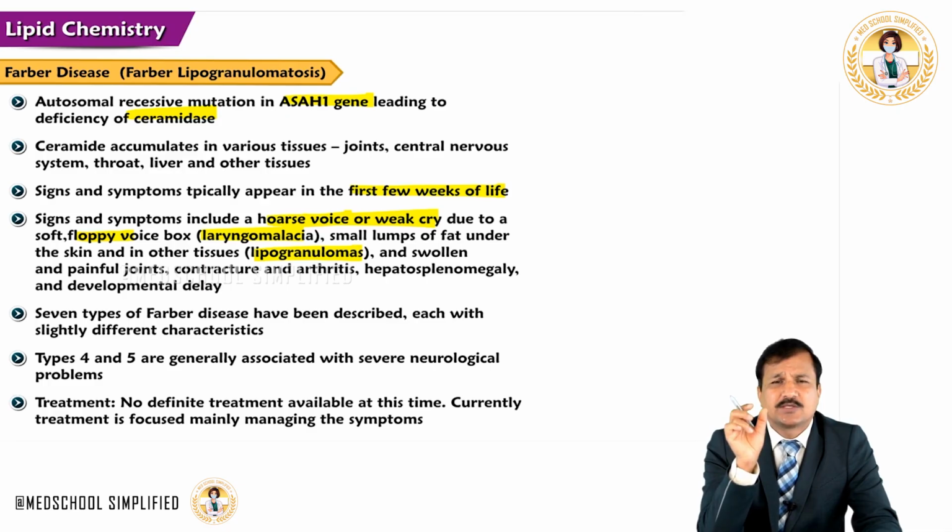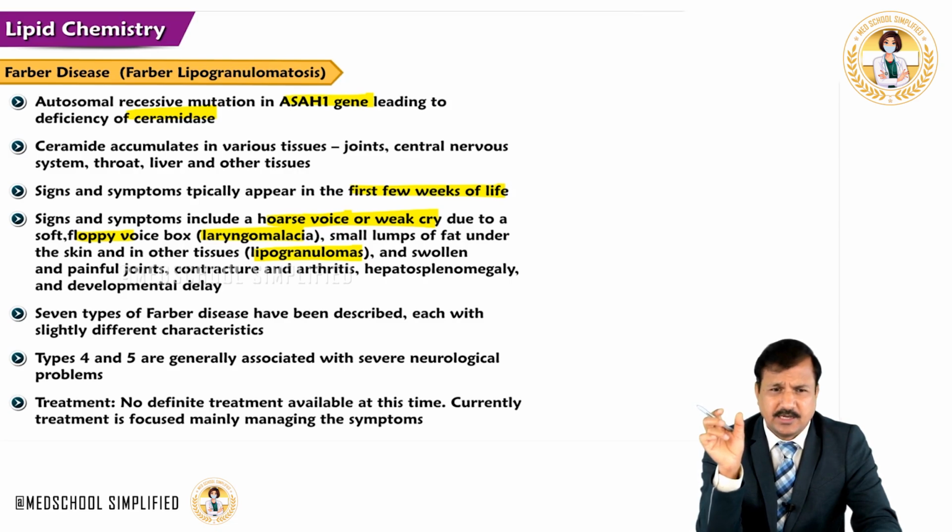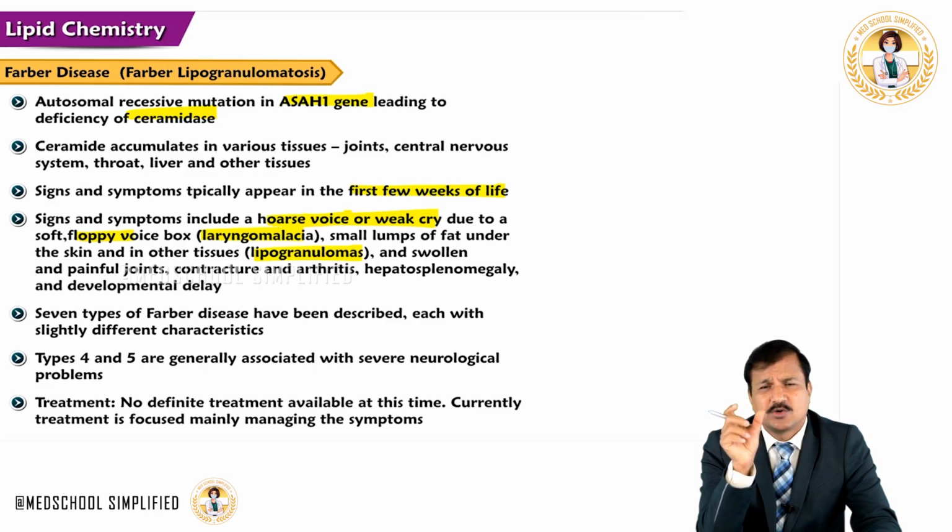And also there will be swollen and painful joints, joint contracture, arthritis can be seen, and the patient may show developmental delay along with hepatosplenomegaly. So these are some of the signs that we see with Farber disease. So remember, hoarse voice, weak cry, and then lipogranulomas beneath the skin, and joint contracture, joint pain.